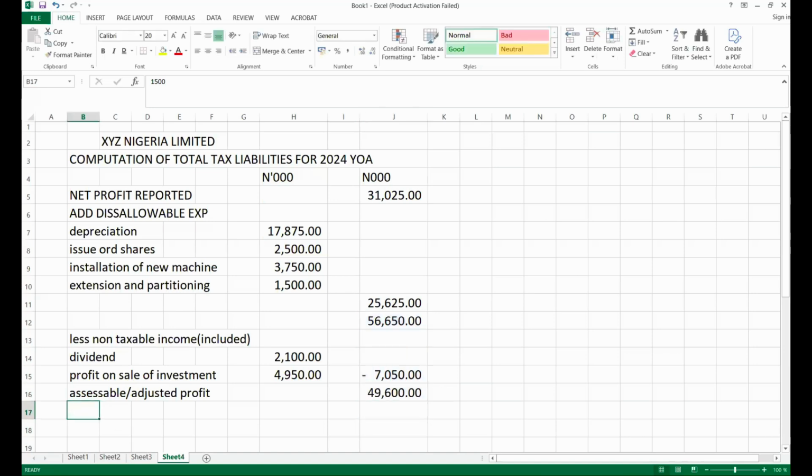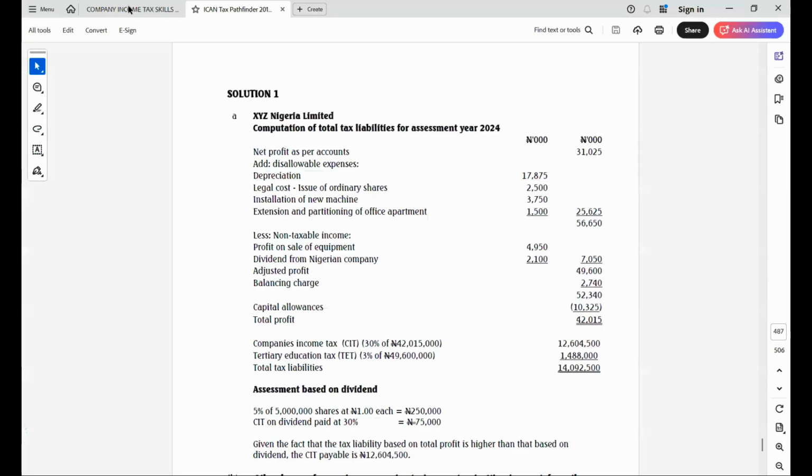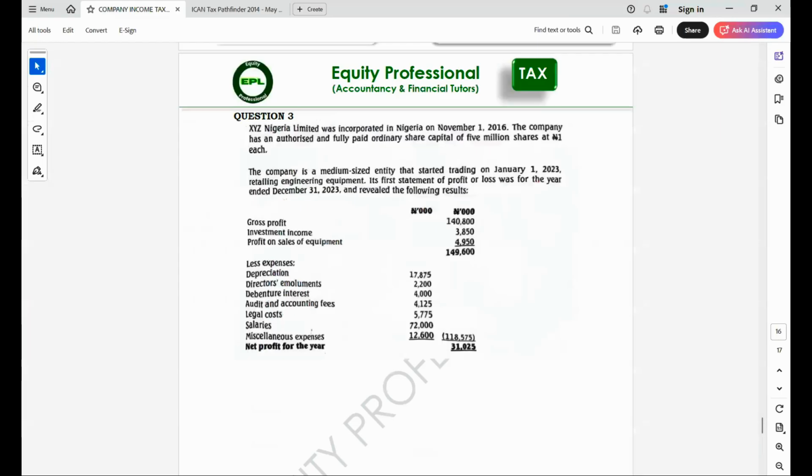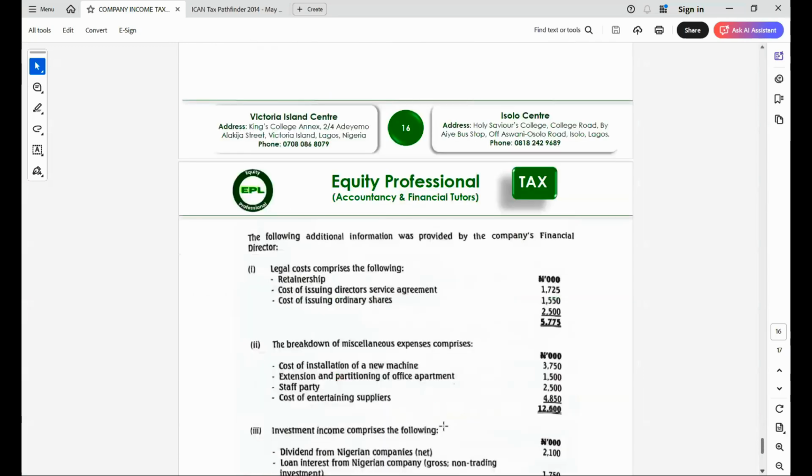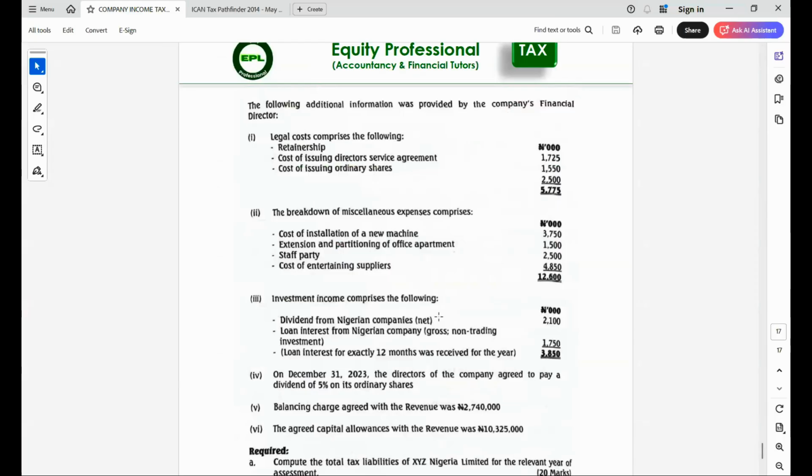So from the question, let me go back to the question. We are given balancing charge, no loss, but we have information about balancing charge. So the next note, they told us that balancing charge agreed with revenue was 2,740.